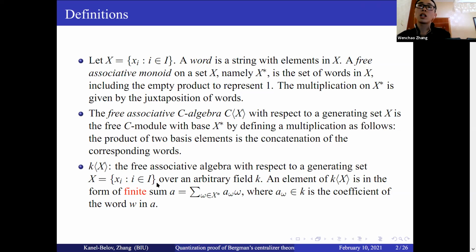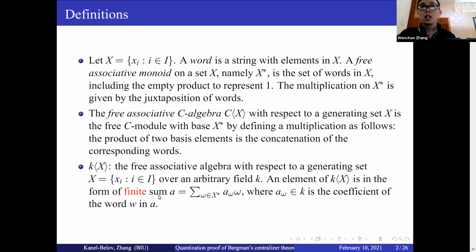So an element of K angle X is in the form of a finite sum, like this form: a finite sum of a_omega times omega. This omega is a word in X star, and a_omega is just the coefficient of the word.